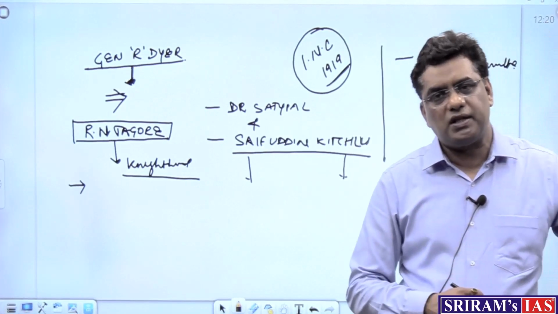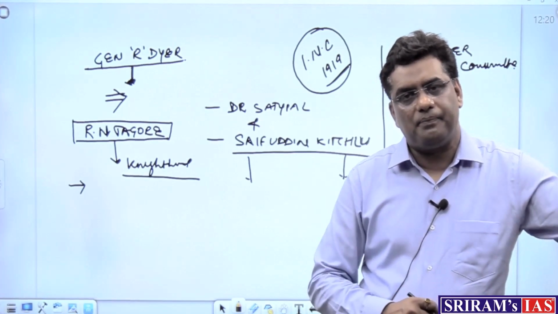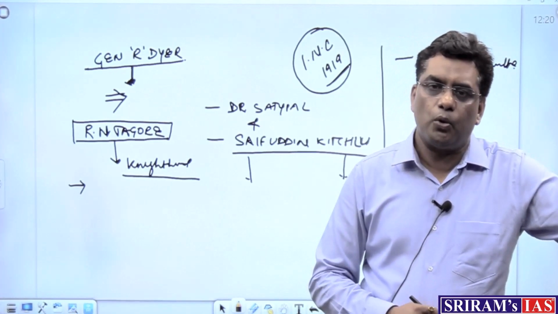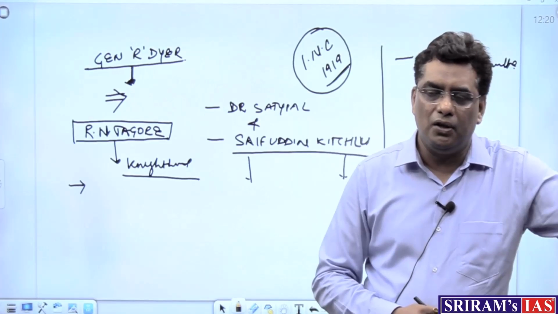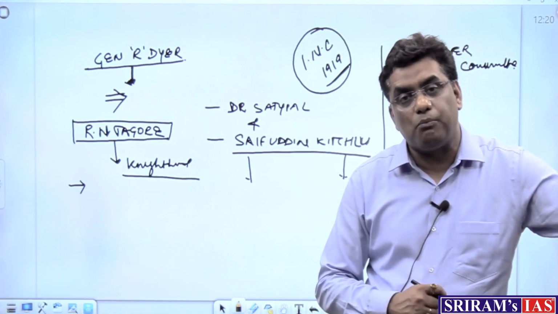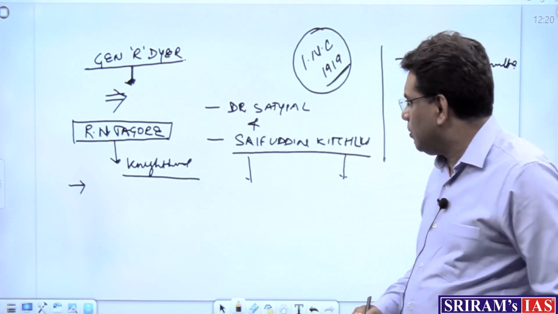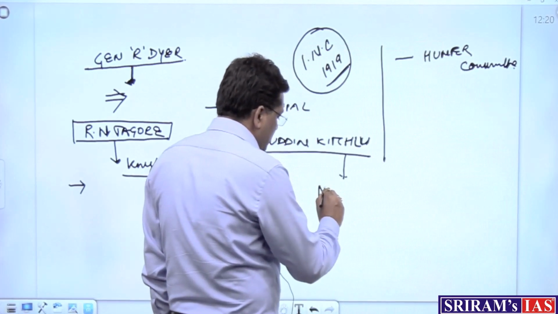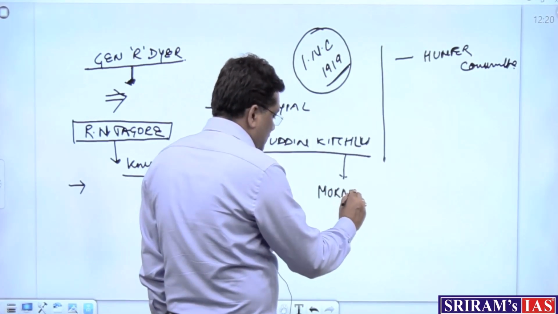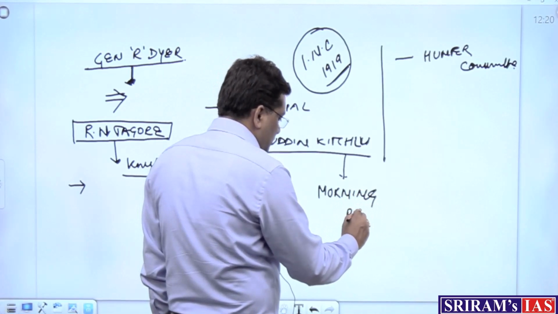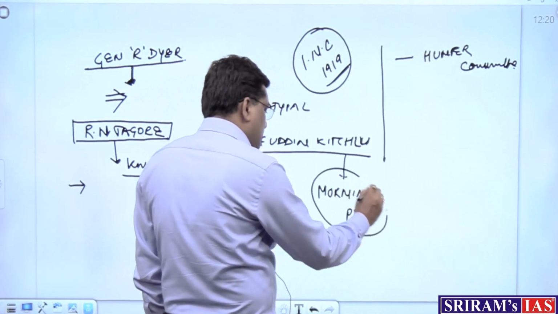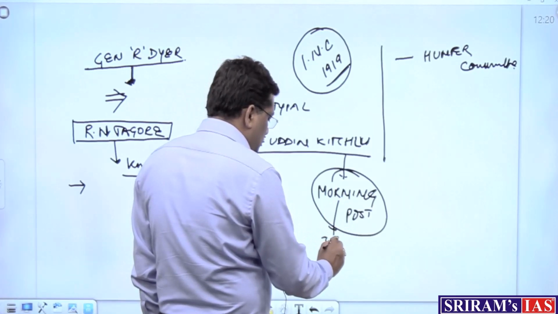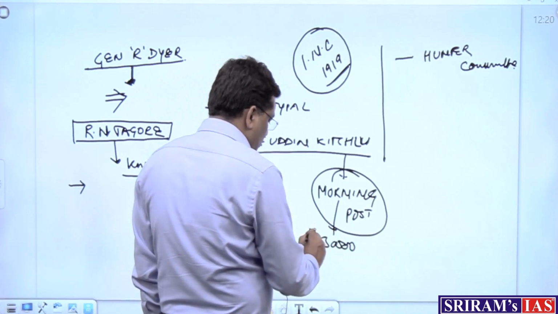But Gandhi was waiting for the outcome of the Hunter Committee report. There was a British newspaper, the Morning Post. The Morning Post conducted a charity for General Dyer, and £30,000 was collected.